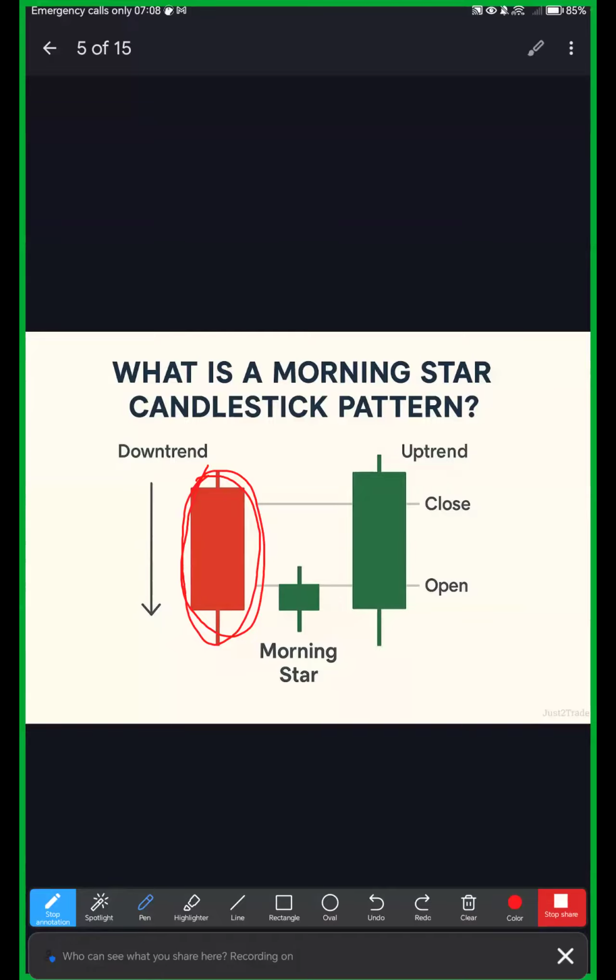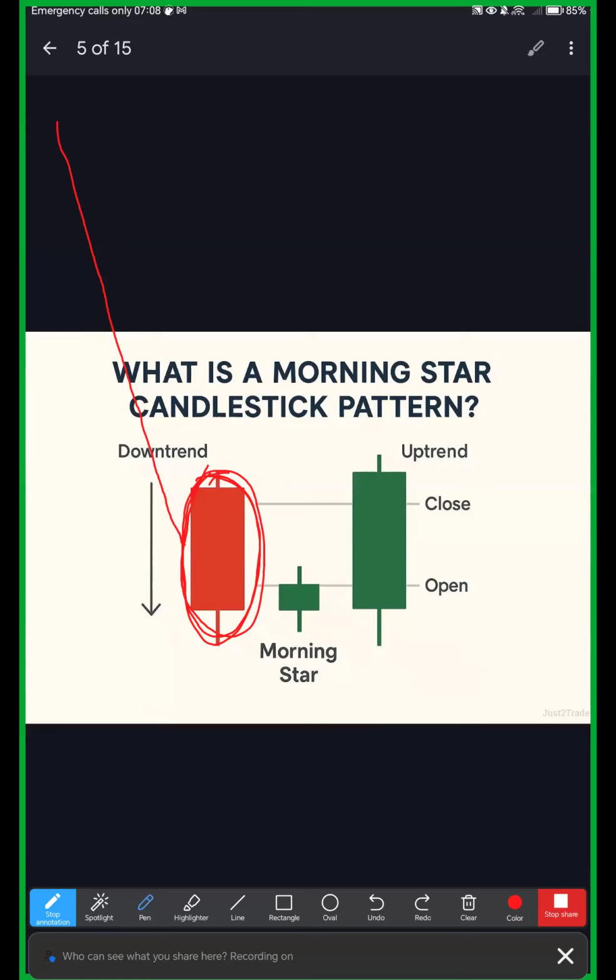Remember when we were looking at body sizes of candles, we were talking about selling pressure and buying pressure, right? So this red candle signifies that sellers are still in control of the trade session as the downtrend continues to go down. Sellers are in charge.